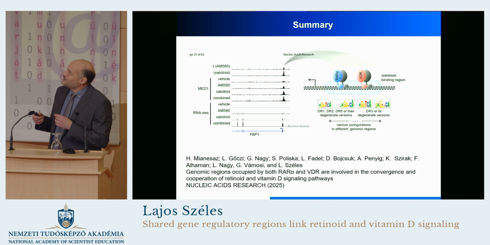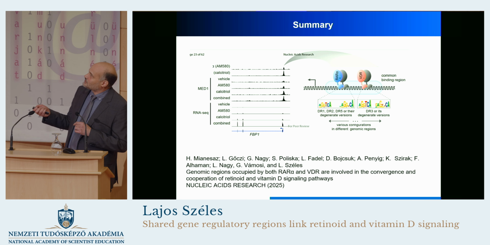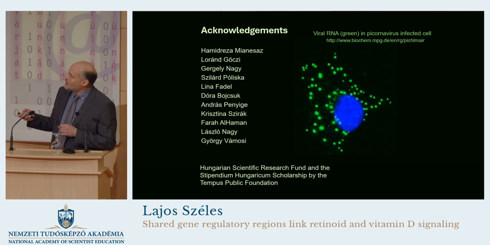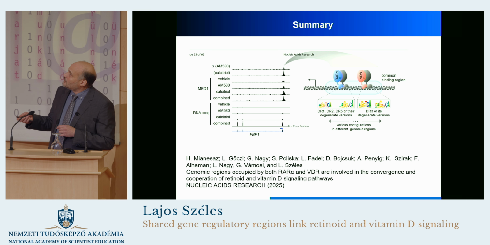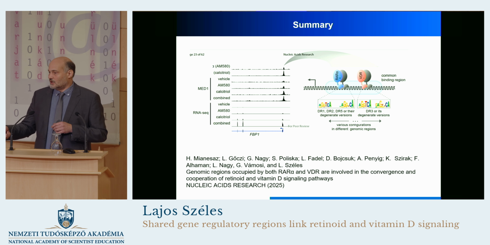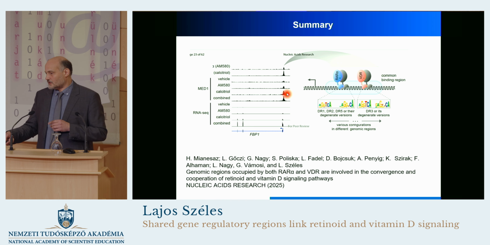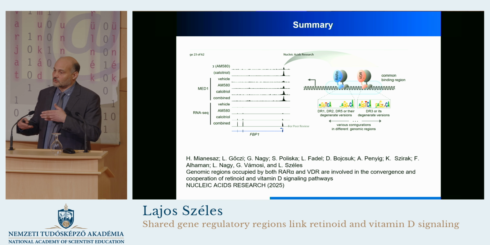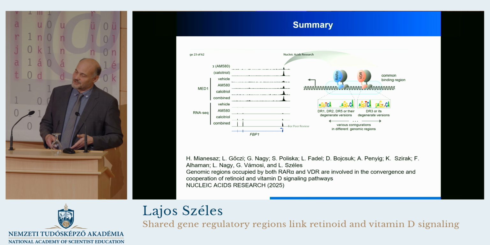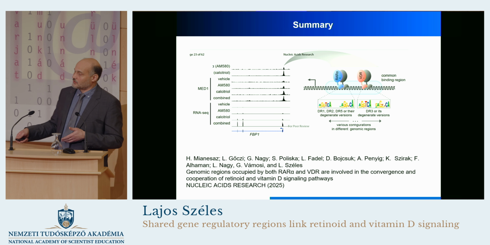So in summary, in our research we could identify common binding regions of the two receptors, retinoic acid receptor and vitamin D receptor, and we observed that at these regions there might be cooperation between the two receptors, so they work together to recruit cofactors, transcriptional cofactors.